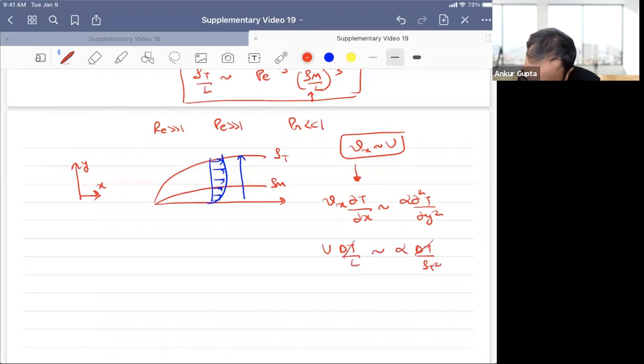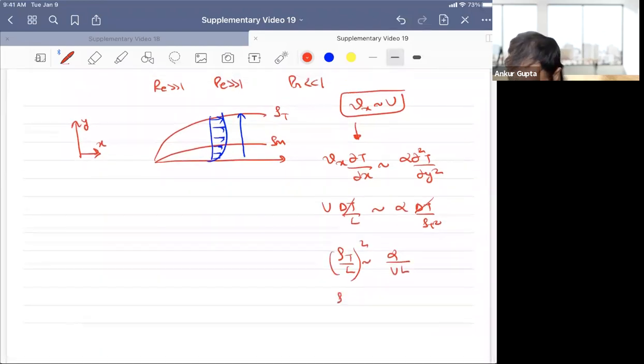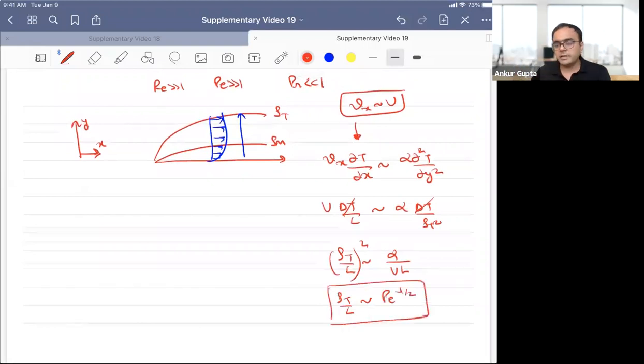You simply cancel this out, and you get delta t by L in this case becomes simply alpha by uL, or delta t by L is Peclet to the power minus half. So you can verify this. This is just a few mathematical steps. But the point is, in this case, we cannot apply that expansion because we do not satisfy the criterion that the thermal boundary layer is small.